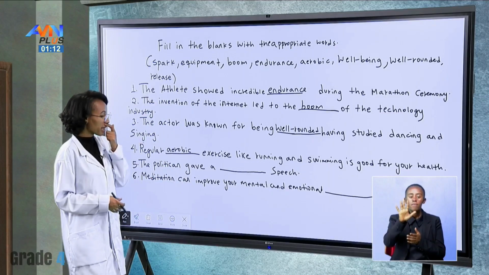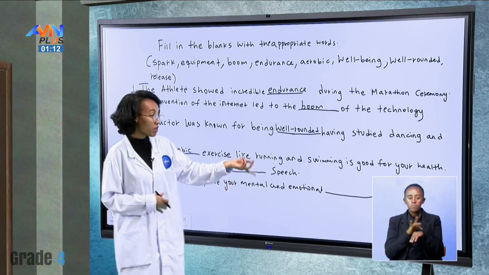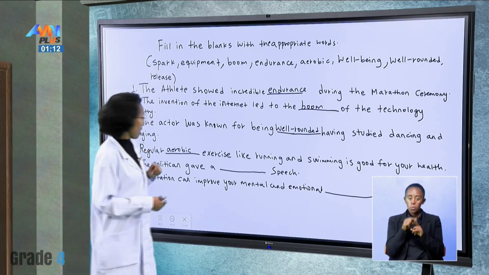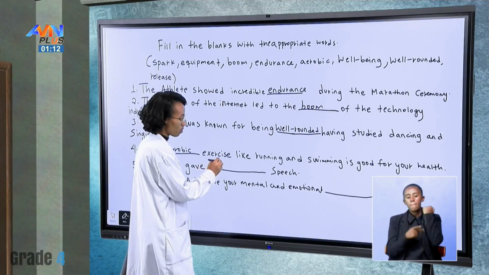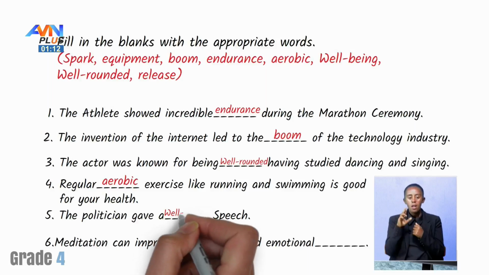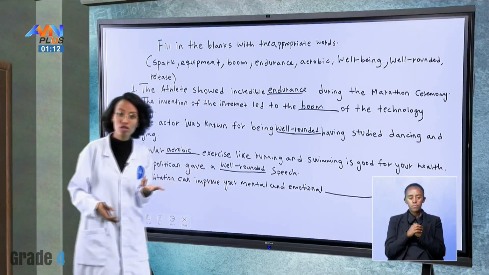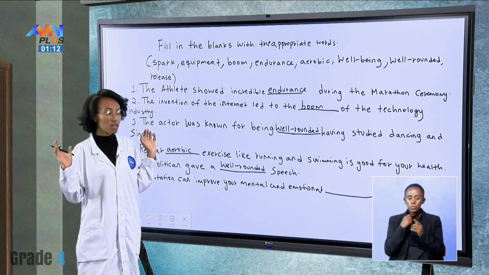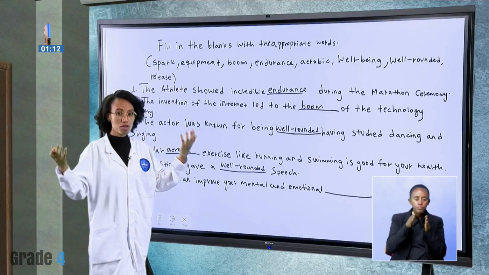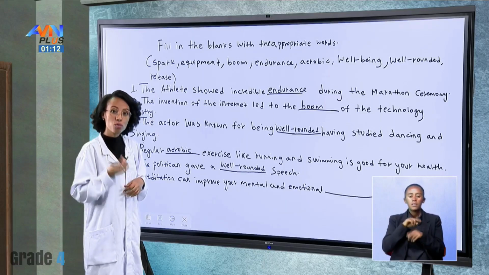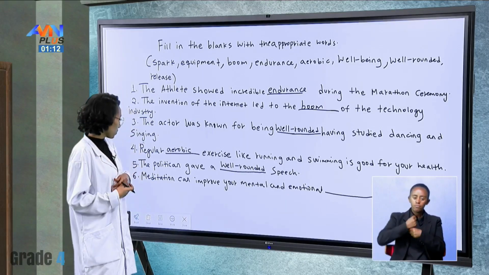The politician gave dash speech. This is a repetition in one word. The politician gave a what? Well-rounded speech. A well-rounded speech has touched ideas or subjects from different parts and has given a very good, well-composed speech.